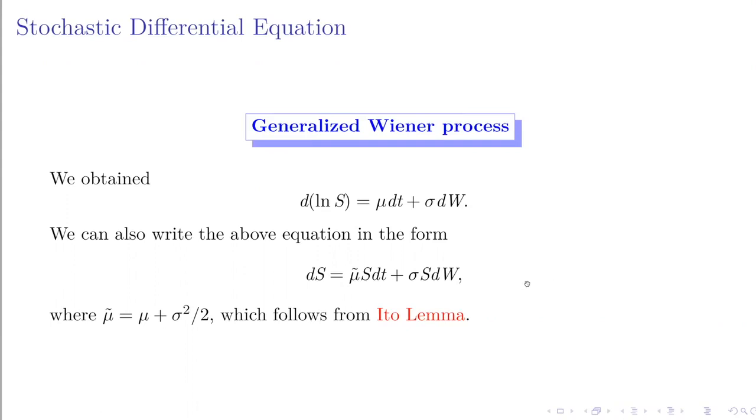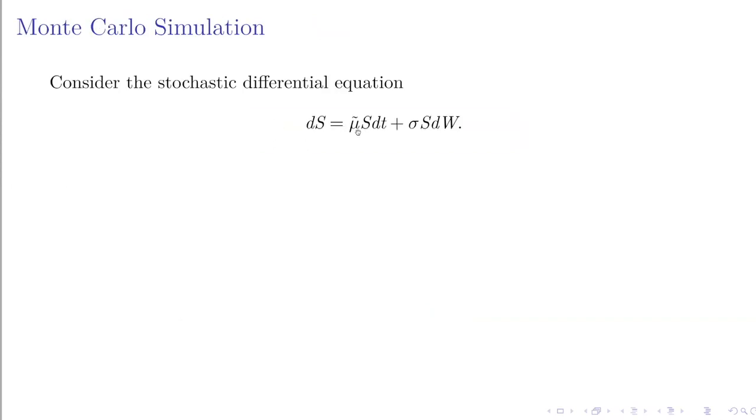For instance, we will take the second one, that is dS = mu tilde S dt + sigma S dW, and try to develop a numerical method which comes under a class of methods called Monte Carlo methods.